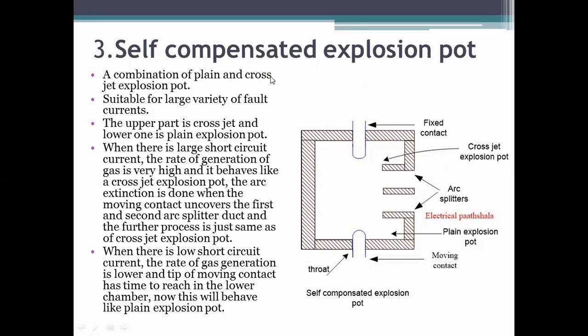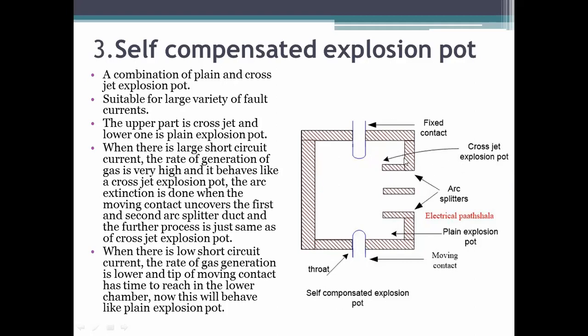Here also we are using a pot, the same as the plain, but again here we are using arc splitters. That's why I'm saying that this is the combination of the plain explosion pot and the cross jet explosion pot. So again fixed contacts, moving contacts, then arc splitters are there.